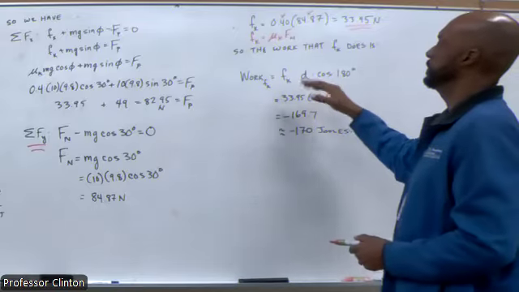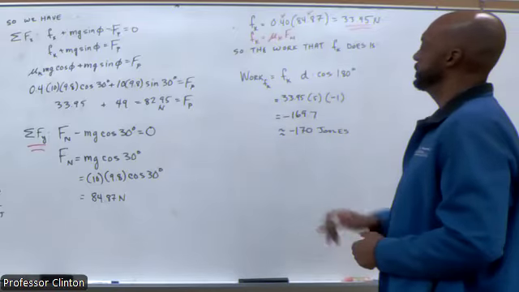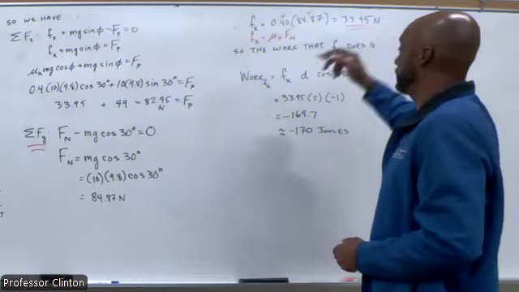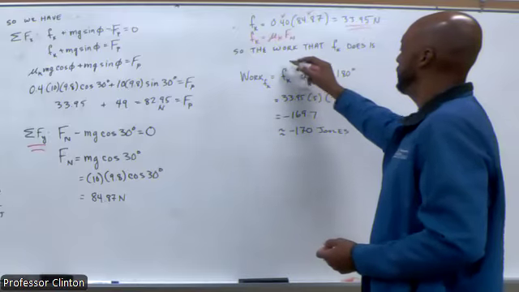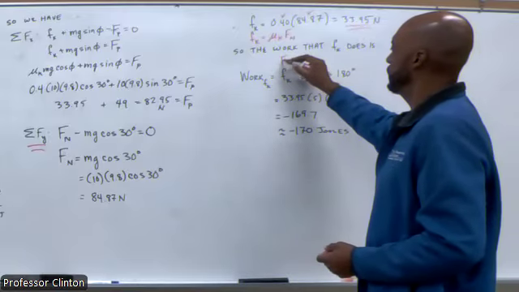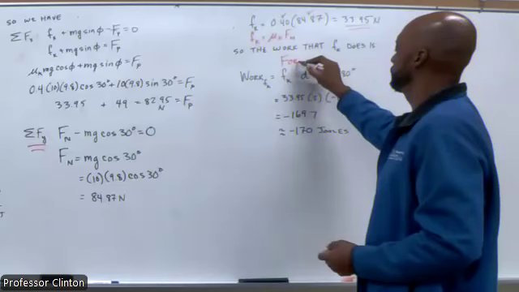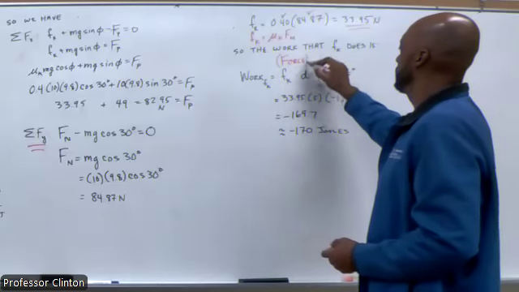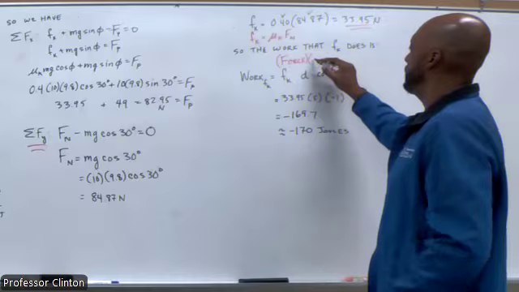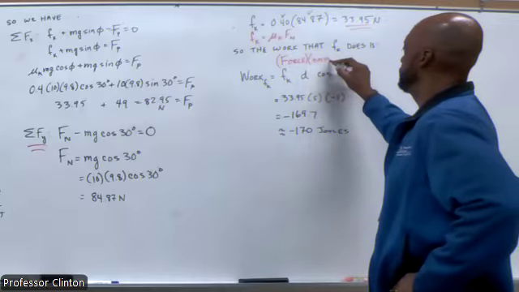So the work that F of K does, here's our definition. I plugged in, but in general, it's going to be the force in question multiplied by the displacement, how far it moves.